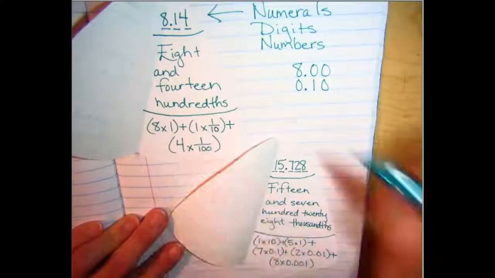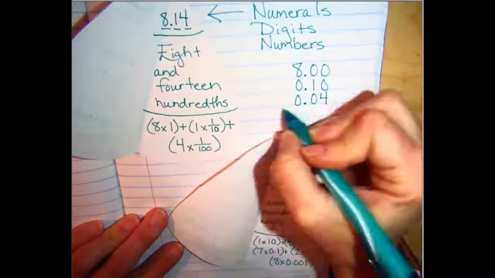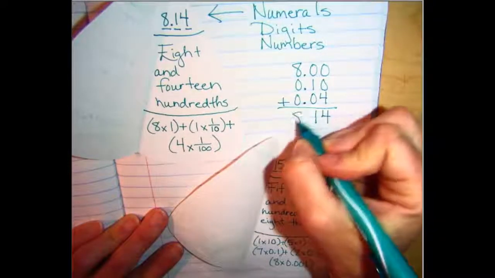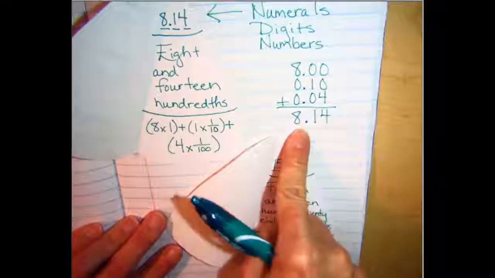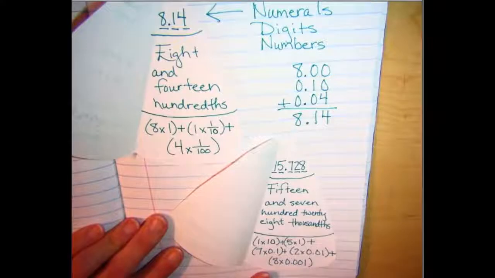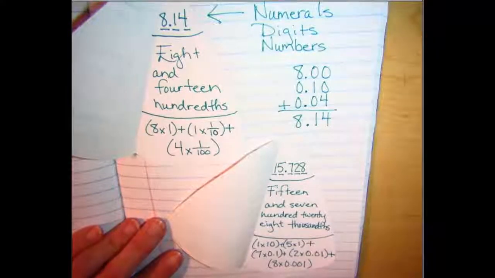I do 4 times 1/100th, I'm going to get 4 hundredths. When I add all these up, I'm going to end up with my standard form numeral that I started with. Do you see? If your expanded form does not add up to the number you started with, then you took a wrong turn and you used the wrong numbers.